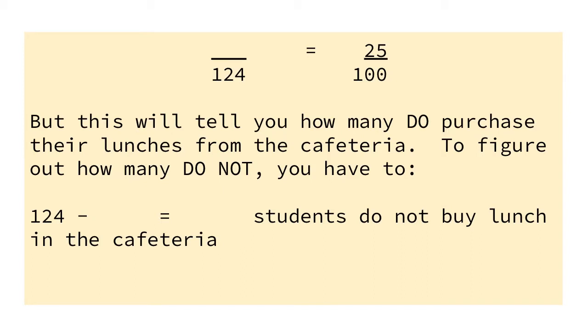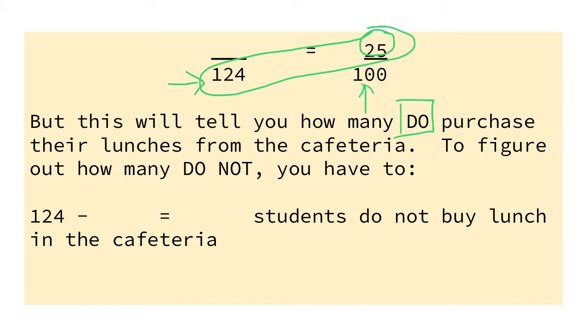If you set it up like I did, 25%, a total of 124 students, this will tell you how many do purchase their lunches from the cafeteria. So we can go ahead and get started this way. If we multiply 25 times 124 and we divide, that came out not so great. Let me undo that.